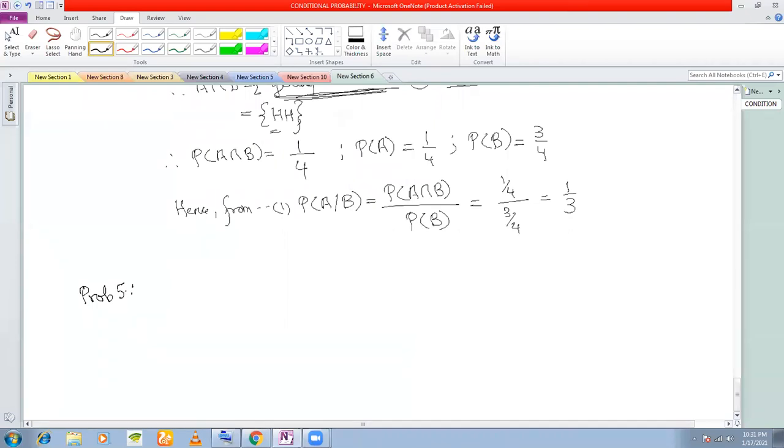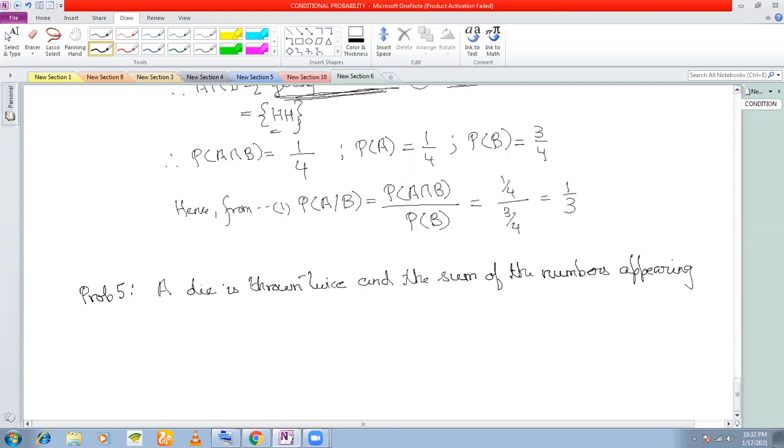The problem 5 here is: a die is thrown twice. A fair die, obviously, or an unbiased die. A die is thrown twice, and the sum of the numbers appearing is observed to be 7.